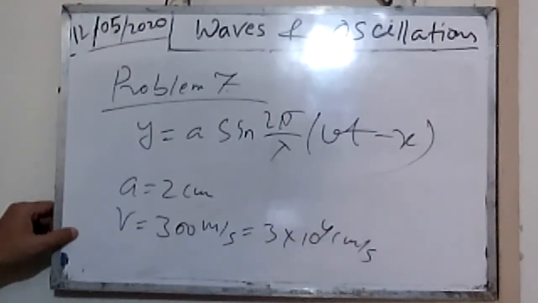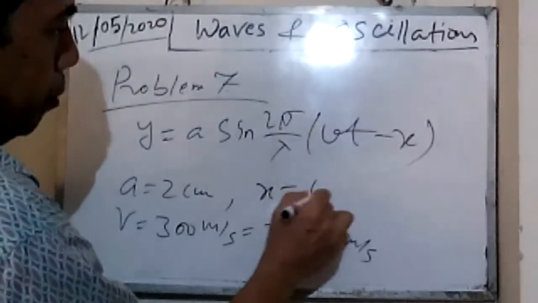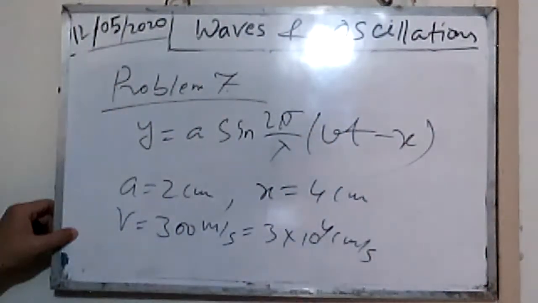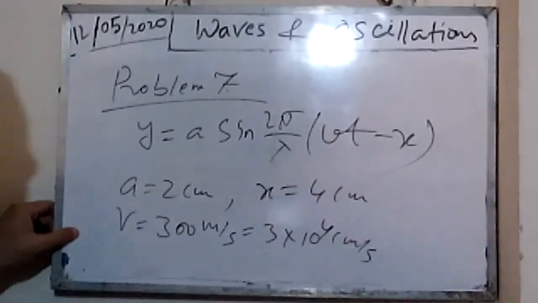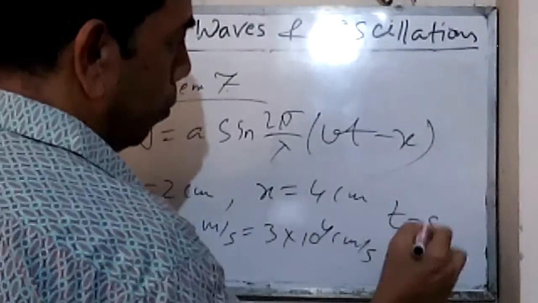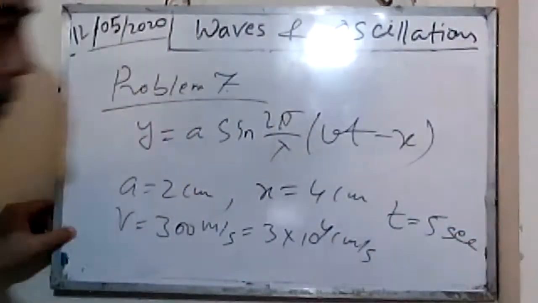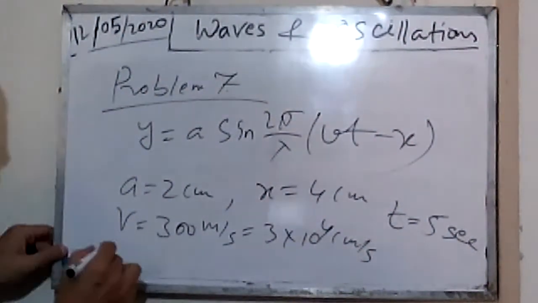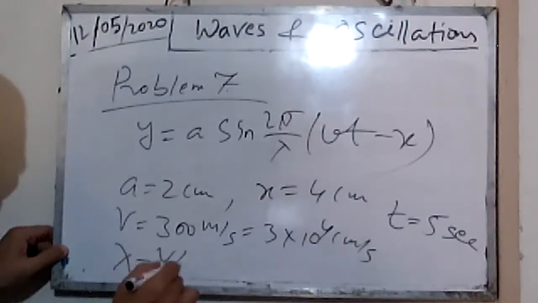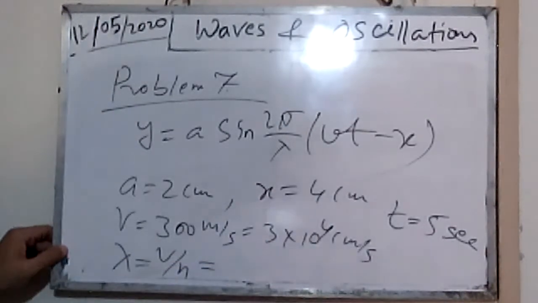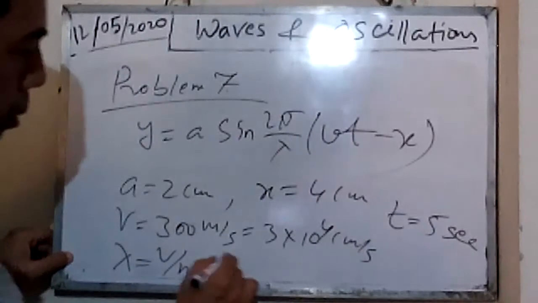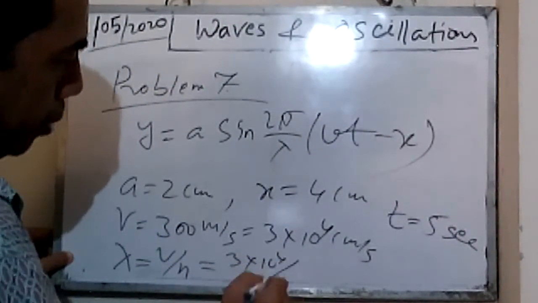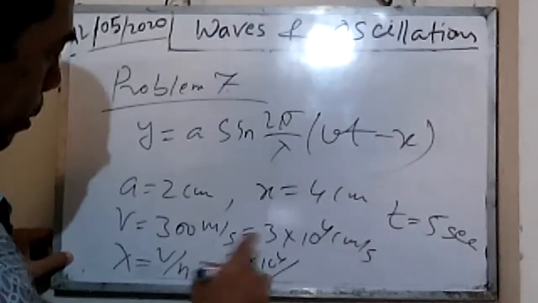Position x equals 4 centimeter and time t equals 5 seconds. These are given, and lambda equals v by n, equal to 3 into 10 to the power 4 divided by n.